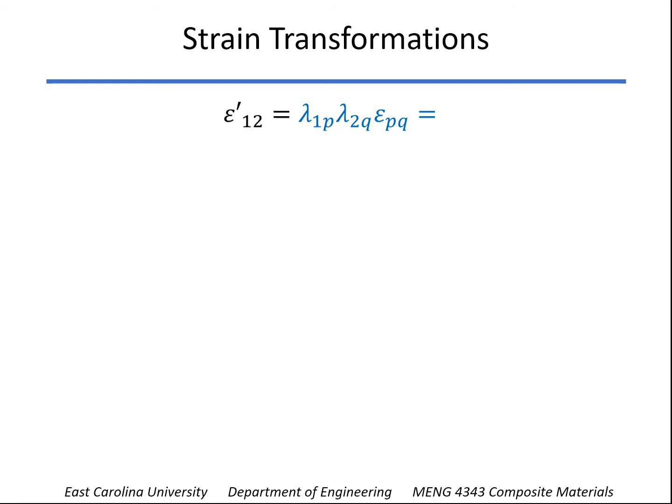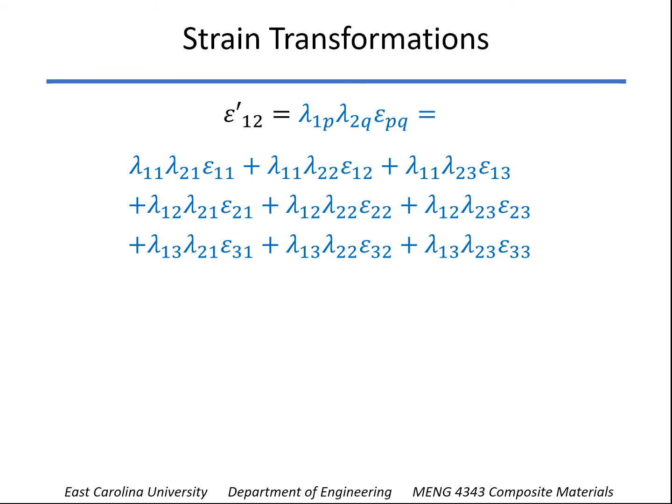Let's do epsilon prime 1,2. So again, the first subscript of the lambdas, the first one's 1, the second one's 2. So expanding all that out, again, just like we did last time, the first row represents P equals 1, the second row is P equals 2, the third row is P equals 3.